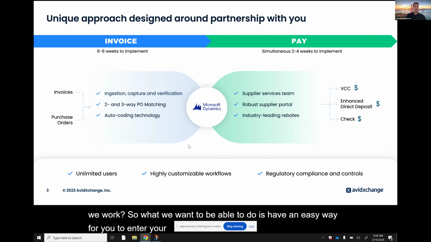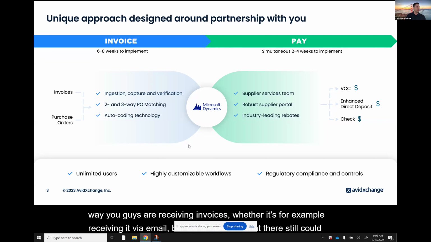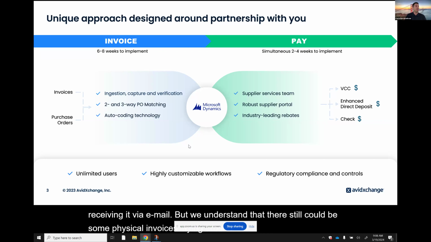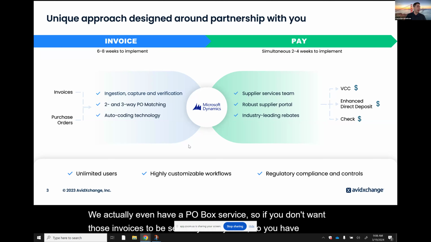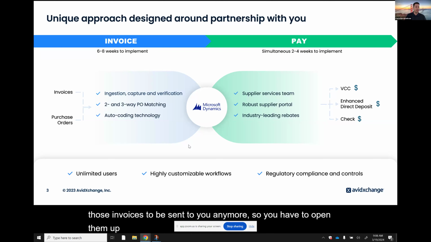If you already have automated the way you are receiving invoices, whether it's, for example, via email, we understand that there still could be some physical invoices laying around. We actually even have a PO box service. So if you don't want those invoices to be sent to you anymore, so you have to open them up and place them in the right place yourself, we can actually open them up for you and code them for you after that.